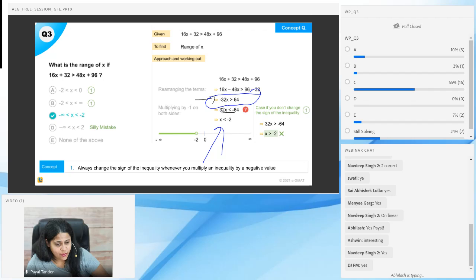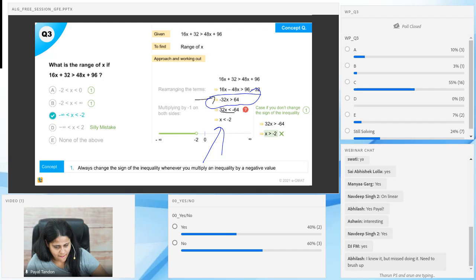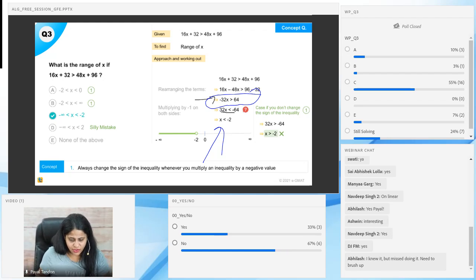How many of you were not comfortable with that concept? Or how many of you are hearing about it for the first time today? Press yes if you're hearing about it for the first time today. Good, very nice. And two or three of you who are marking that, really very nice, because that is the learning that you have now.